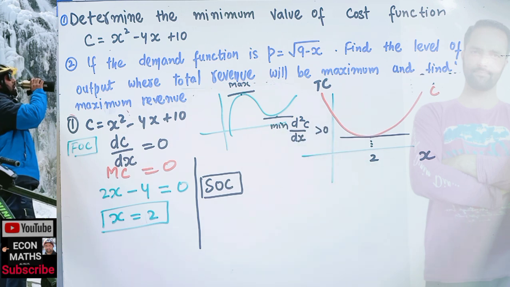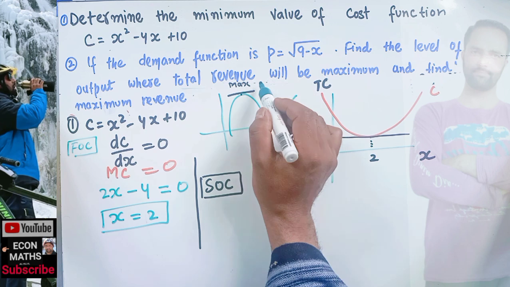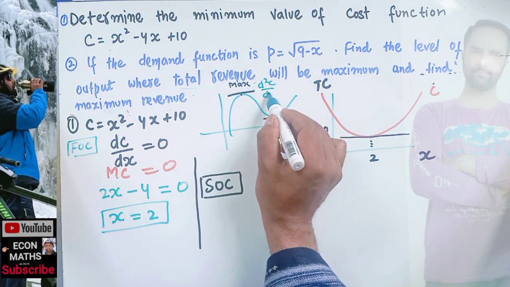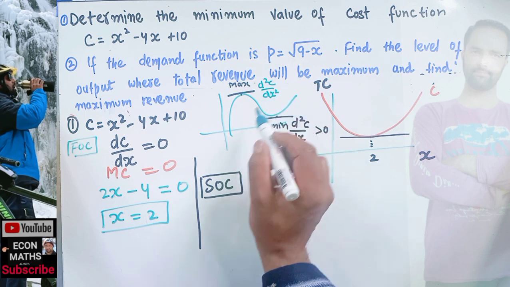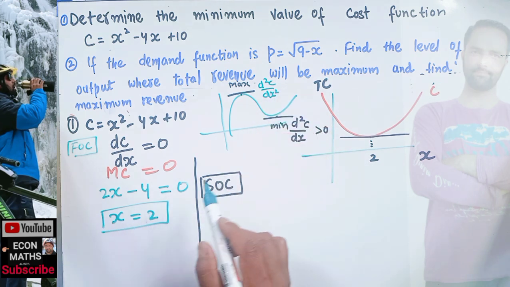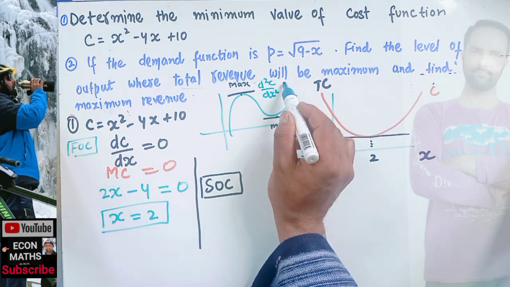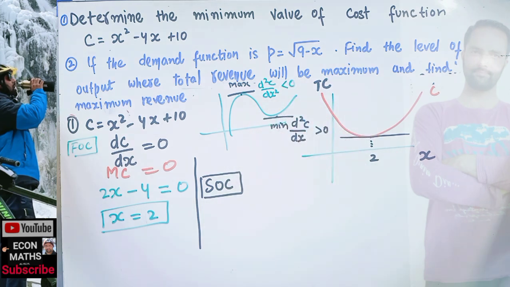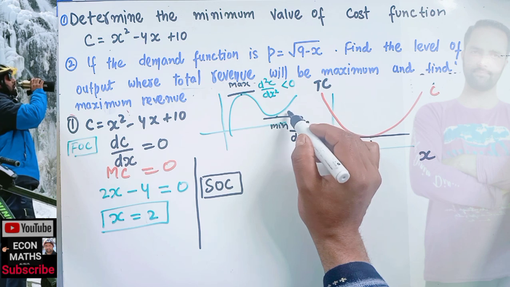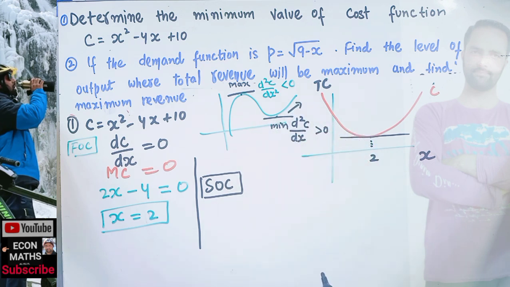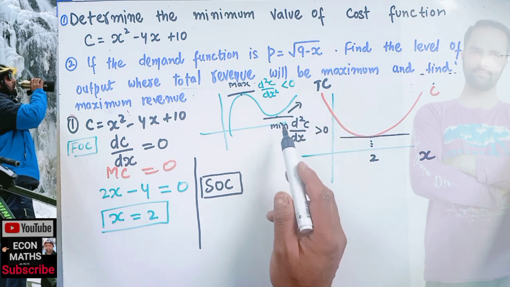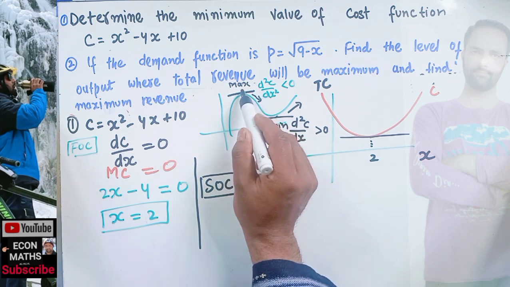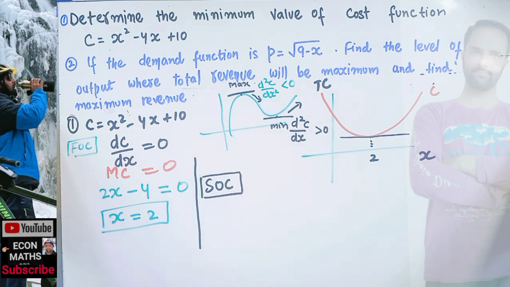For a maximum, the second order derivative d²C/dx², evaluated at this critical point, should be less than 0. That means at a minimum the slope should be increasing when reaching the point where the slope is equal to 0, and at a maximum the slope should be decreasing when reaching it.